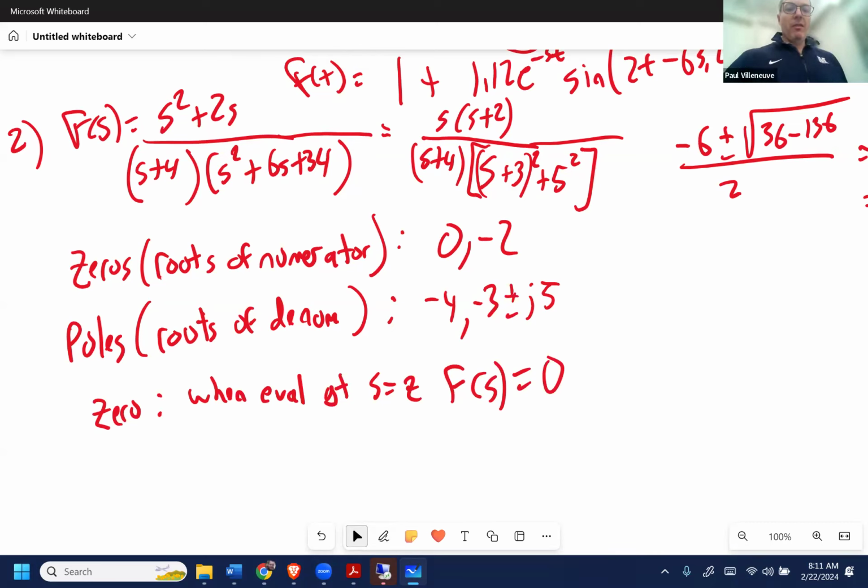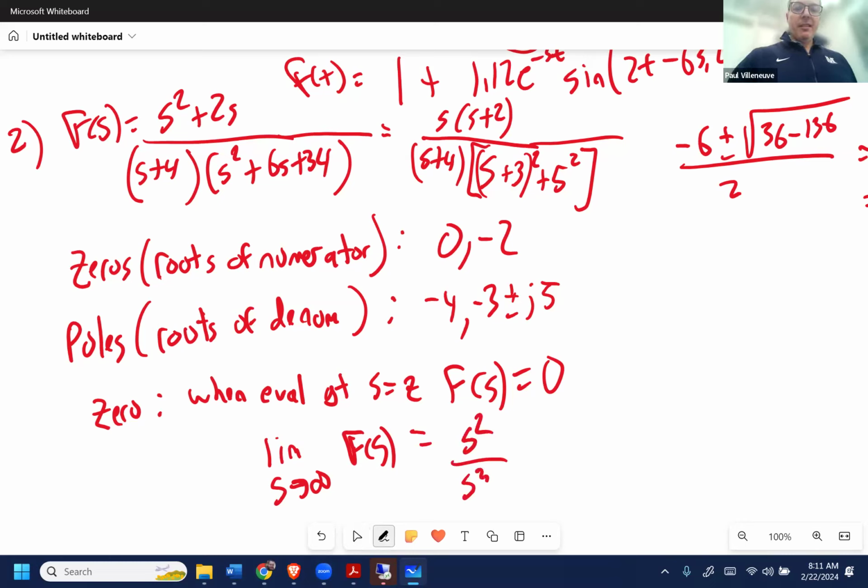It's also, what if I allow s to get large? I just have to focus on the highest order s terms, right? What happens as s approaches infinity? It goes to 0. So don't I also have one at infinity?